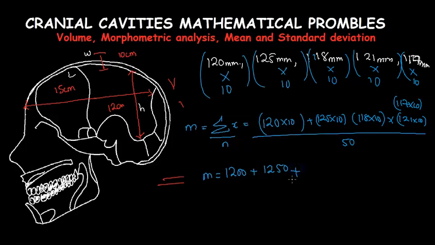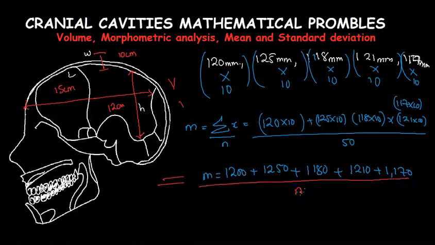Plus 118 multiplied by 10, which is 1,180. Plus 121 multiplied by 10, which is 1,210. Plus the last one, 117 multiplied by 10, which is 1,170. At this point, we are going to divide everything by the total number of the population, which is simply 50, because our n stands for that.